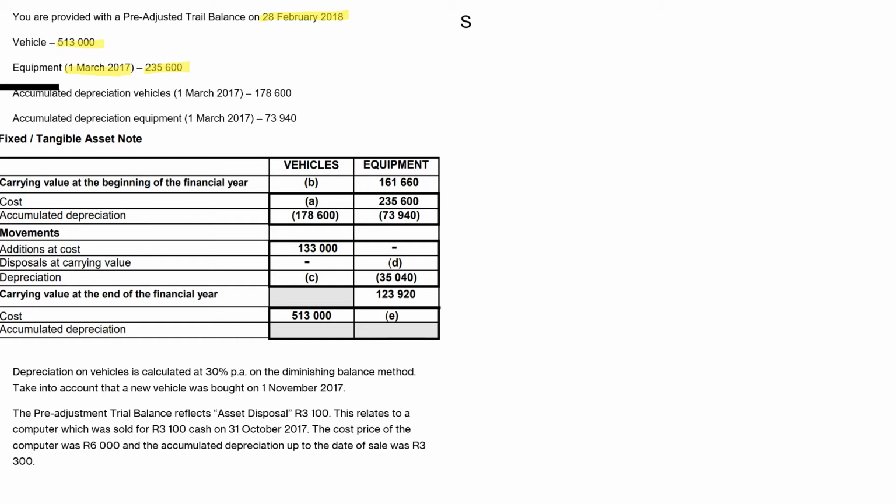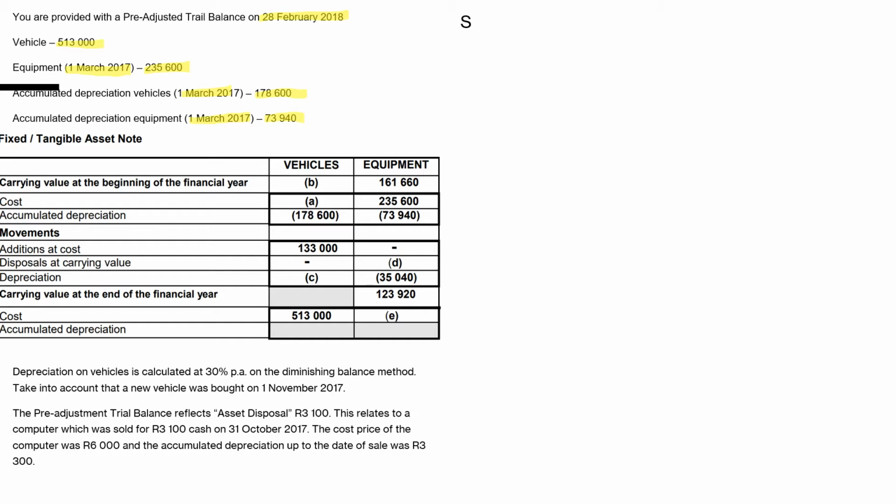Then accumulated depreciation on vehicles is at the beginning of the year, 178,600. Then accumulated depreciation on equipment, again at the beginning of the year, is 73,914. Then you are given the tangible note where you need to calculate A, B, C, D, and E.